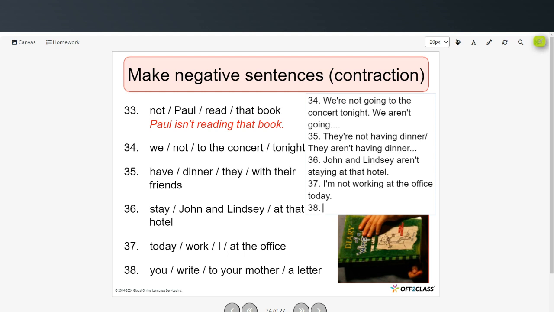And you write to your mother a letter. So you're not writing a letter to your mother, or you aren't writing a letter to your mother.